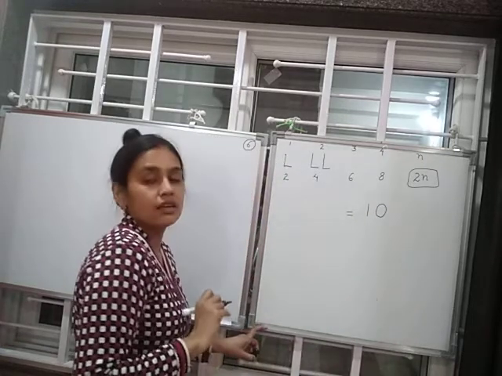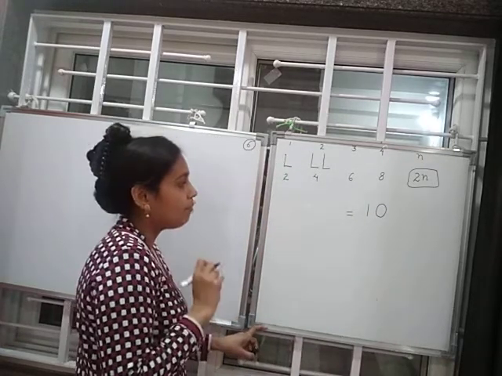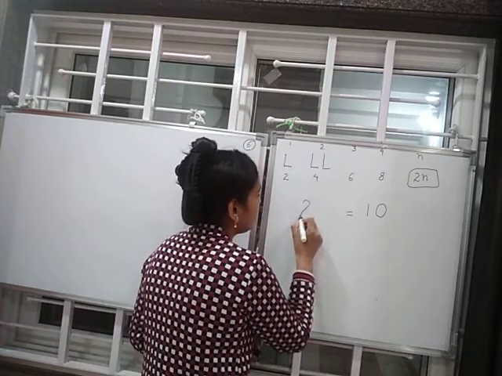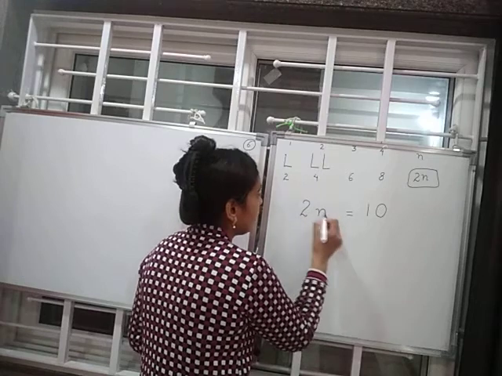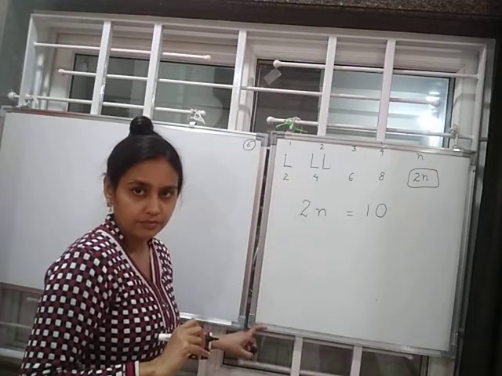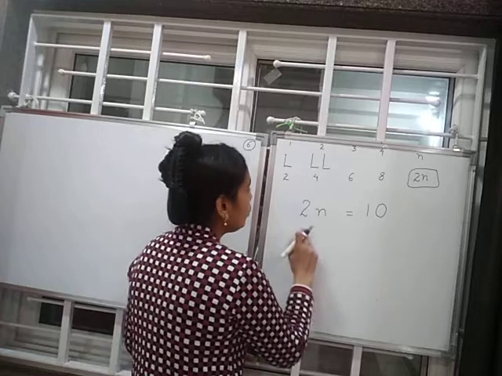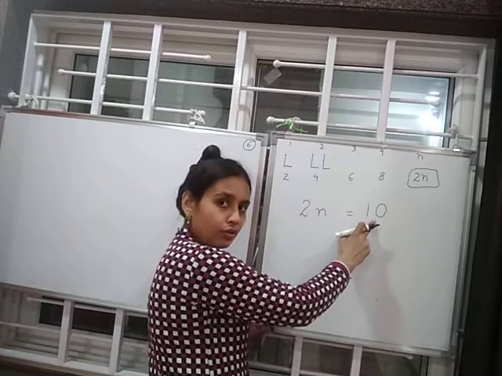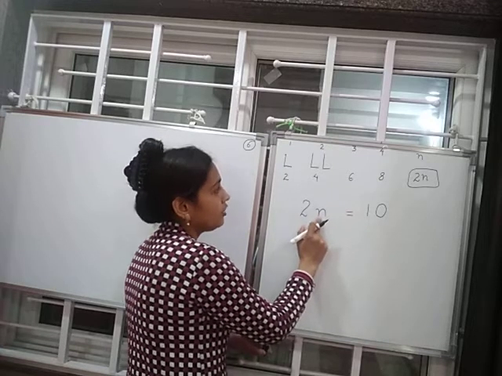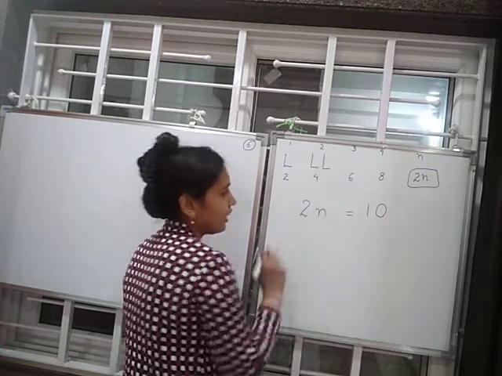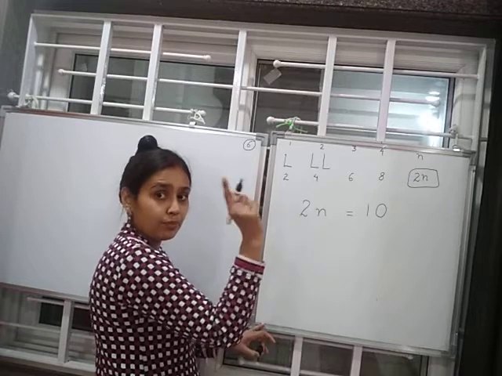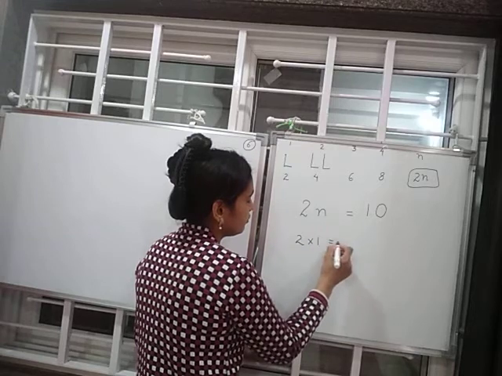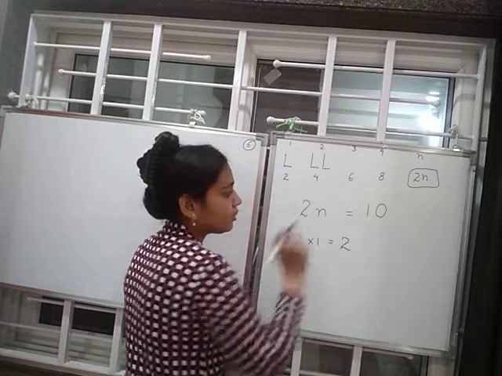Now, if we need 10 patterns, then how many matchsticks do we need? That means here 2n is equal to 10. We needed 2n matchsticks which should be equal to 10. So, if the number of patterns is 1, that means in place of n, if we put 1, are they equal?